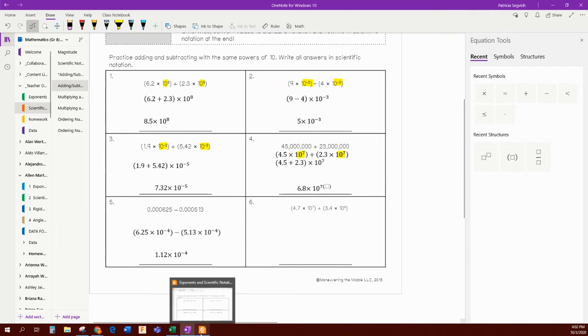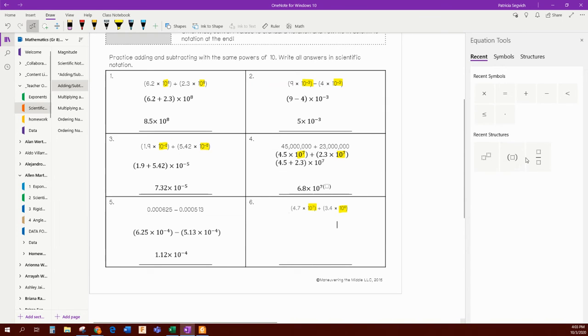Okay. Now, this one, we have a little difficulty here because this is 10 to the 7th and this is 10 to the 6th. So we can't add them right now as they are. We're going to have to rewrite one of them so that they match up. So we're going to take this 10 to the 7th and break it up into 2 parts.